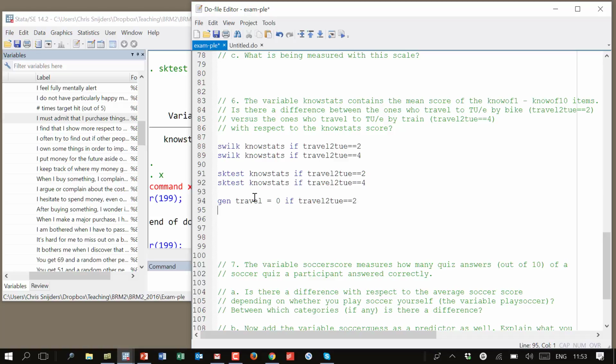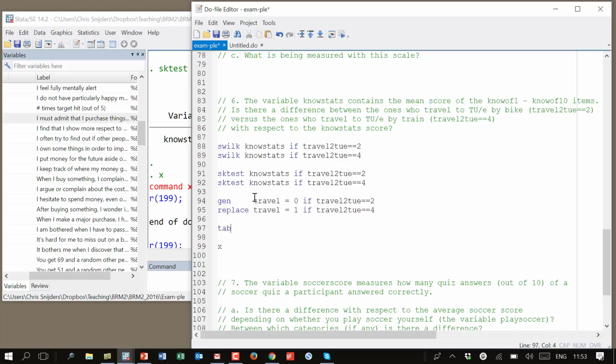Replace travel equal to 1, that's fine, if travel to TU is 4. Okay then. Then just have it to see. Yeah, that I think is a good idea to double check to see what happened here.